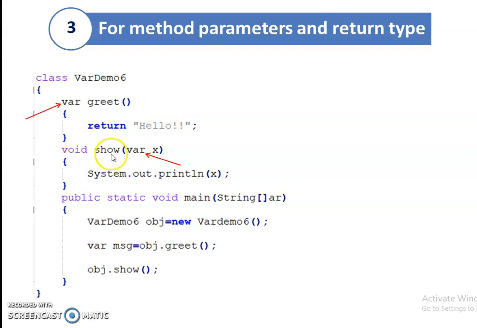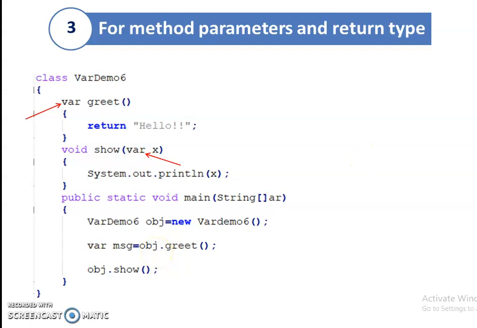Next function we have is show, and it is taking one parameter of var type, and we are printing value of x inside this function. We have main method. Inside main method we are creating object of this class var_demo6, and we are invoking greet function and show function with this obj object.